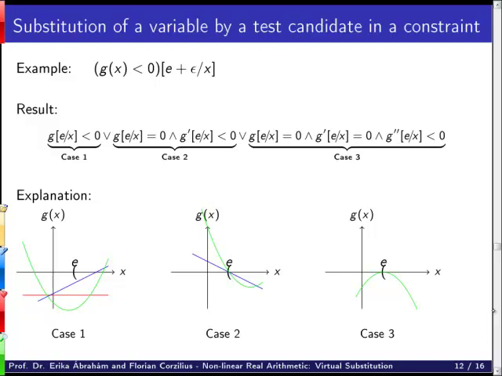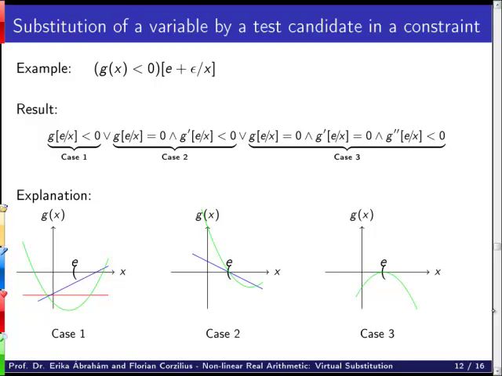Well, the first case says, if we replace e plus epsilon by just e, and this is even smaller than 0, then because of the density of R, there must be a number which is very close to this e, which is also negative. So in R, the density is infinite, and we can always find a number close to it.